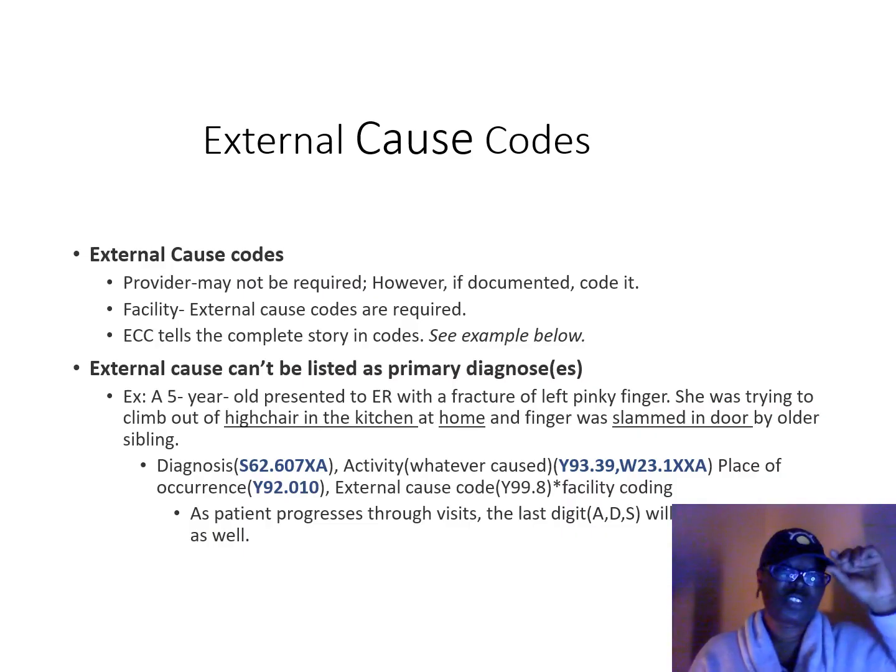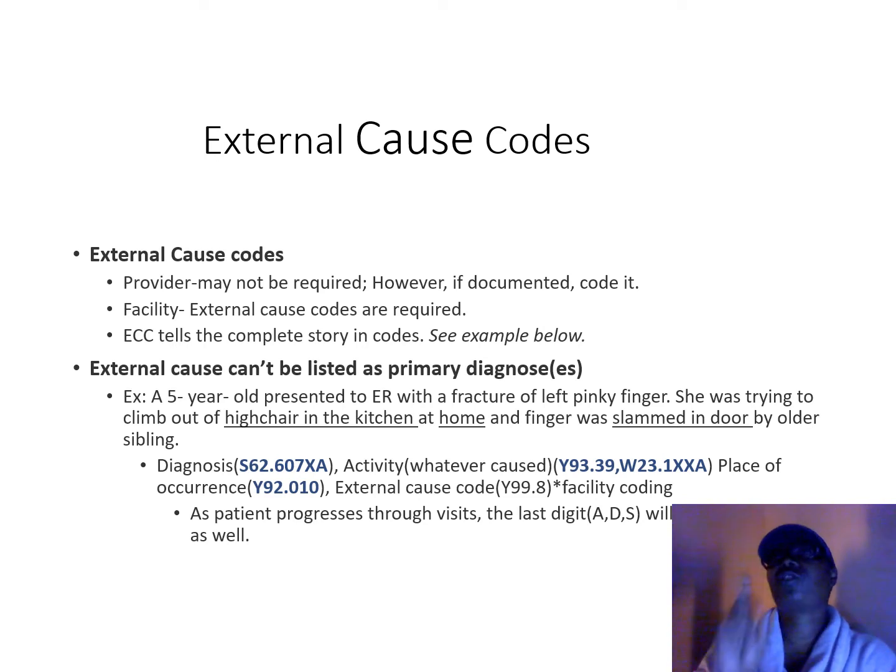So we're going to move into our external cause codes. So the first thing is external cause codes tell a more detailed story of what occurred with the injury. Okay, so depending on which side of the coding chair, for example, if you're a facility coder, it is required that the external cause codes are assigned. If you're coding for the physician or you're a profi coder, it is not a requirement.